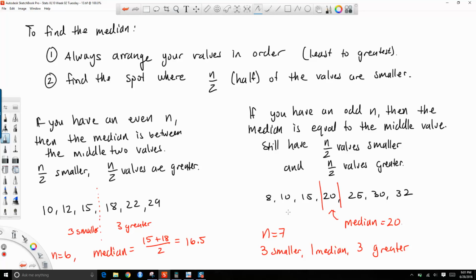All right, so that is the mean and the median, and those summarize central tendency, or what we might call a typical value. We have to talk about this concept of spread or dispersion, okay?